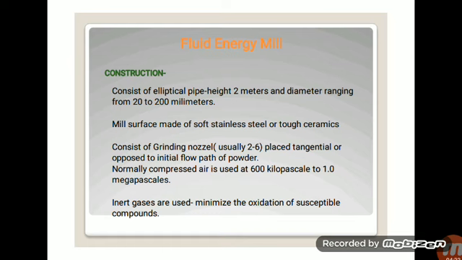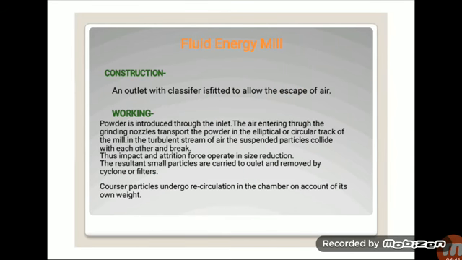This compressed air has a pressure of 600 kilopascal to 1 megapascal, and inert gases are used because they minimize the oxidation of susceptible compounds. After that we are going to see the working.